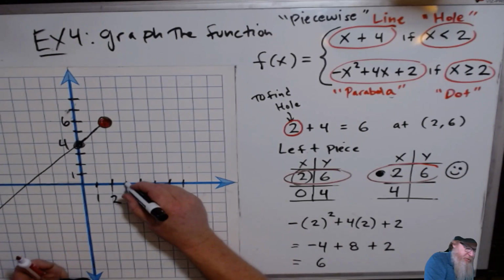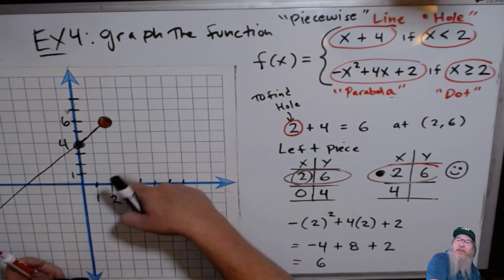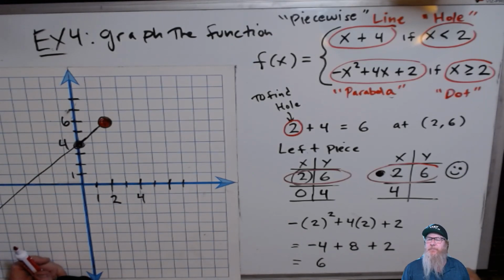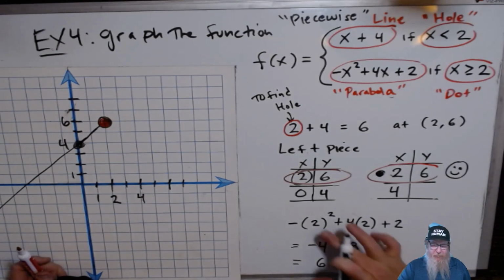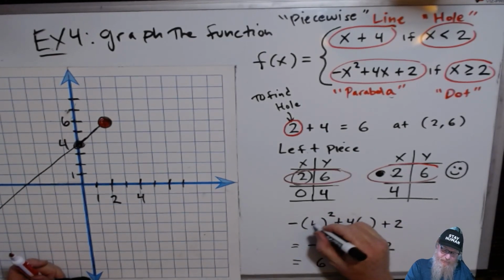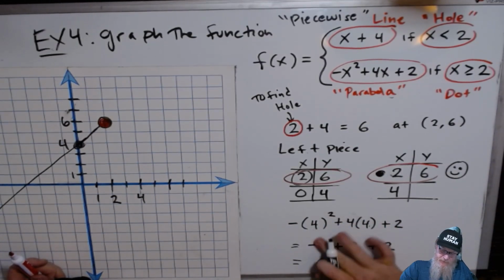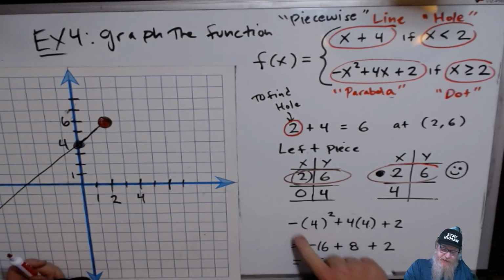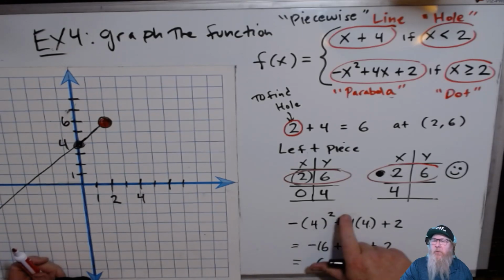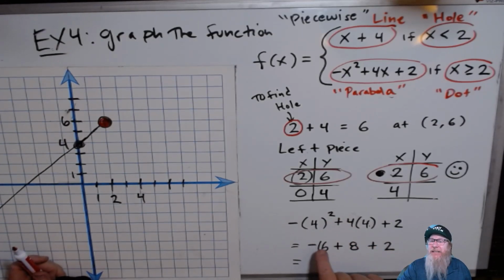If you want, you could do 3, but it's a little tight here, so I'm going to go over to 4 to make more room. I'm really running out of room, so I'm going to recycle my old one here. So that's going to be 16. Now be careful, the negative stays outside of the parentheses, so it's not negative 4 squared, because that would be positive 16.